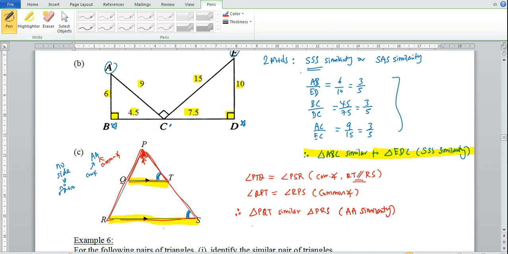In fact, for AA, you don't have to write the word similarity because there is no AA under congruence. There is no angle-angle under congruence, so there is no need to include the word similarity. It's optional. Whereas if it's SSS, you have to use similarity because there is also SSS for congruence. So for this one you have to write similarity, but for this one you don't.